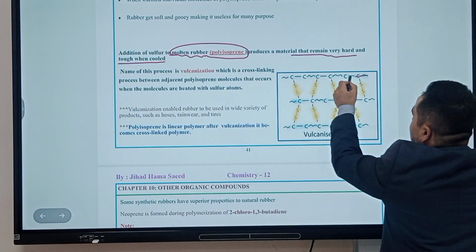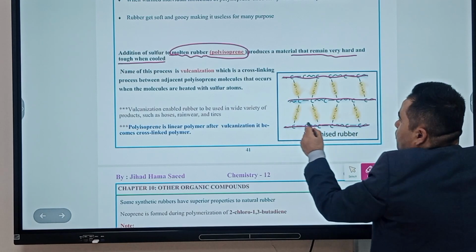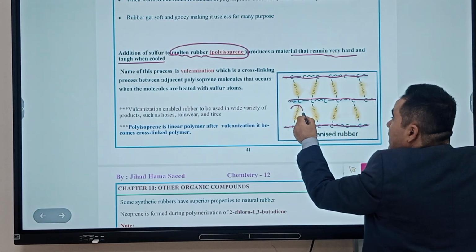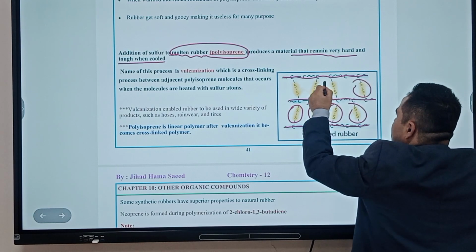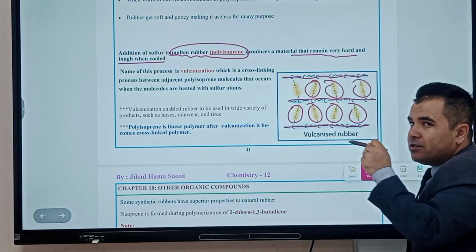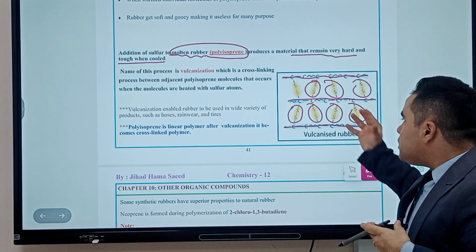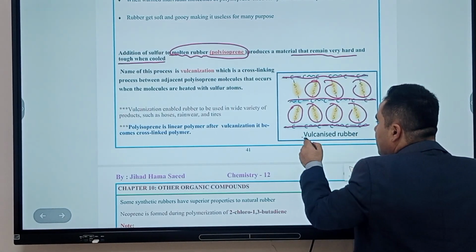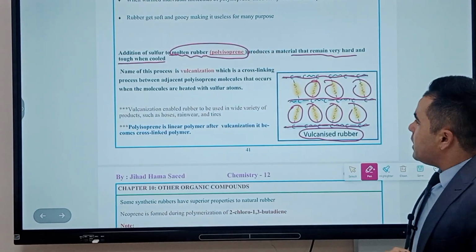As you can see here, we have polyisoprene chains, and what is added to the chains? The sulfur atoms. As we add the sulfur, the material becomes stronger and harder. This process we call vulcanized rubber or the vulcanization process.